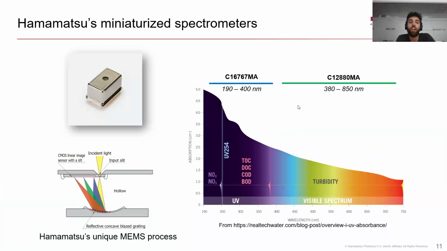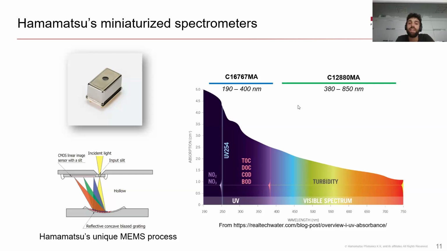And here is the look of our new UV spectrometer, which is called C16767MA. This form factor is not new to Hamamatsu. In fact, we have been selling the visible counterpart for many years now, specifically for colorimetry, for example.